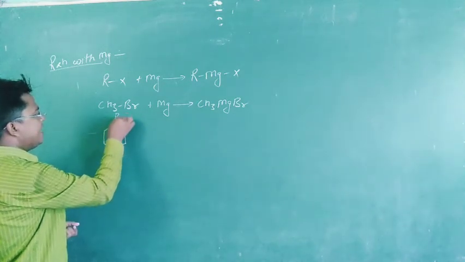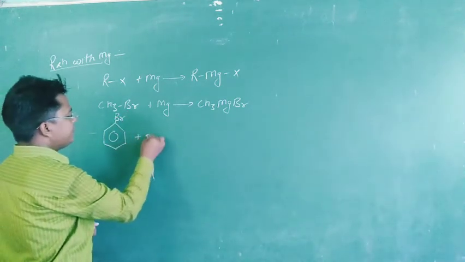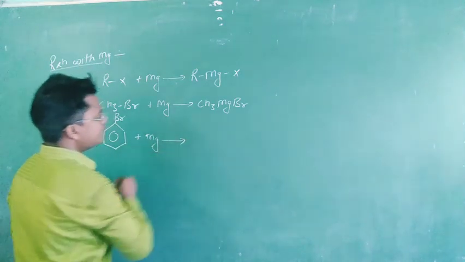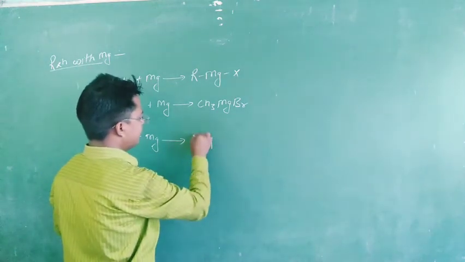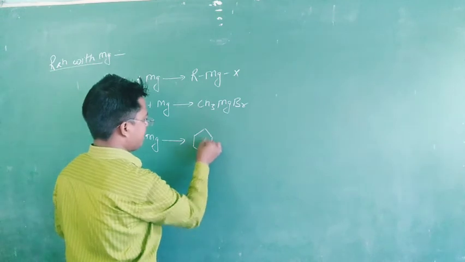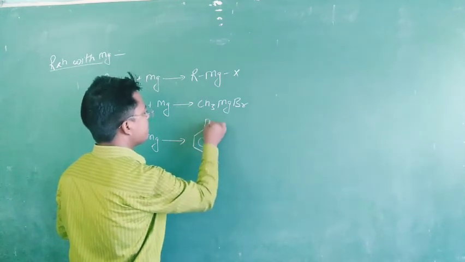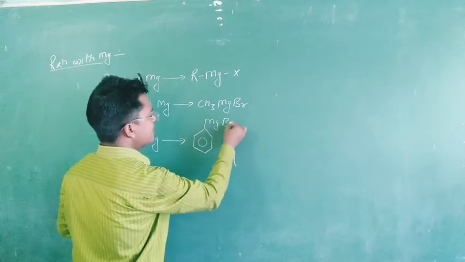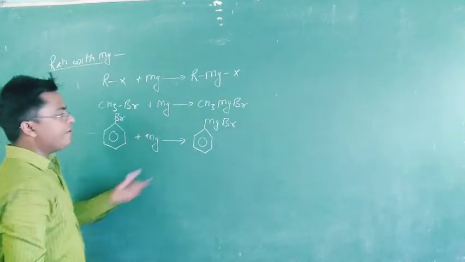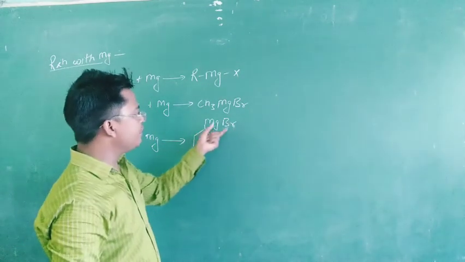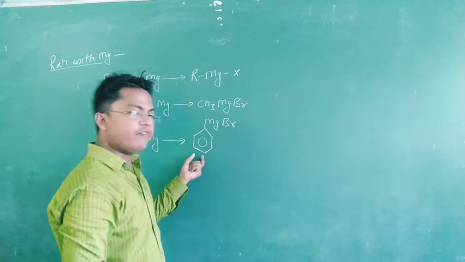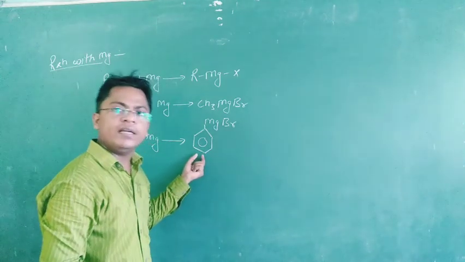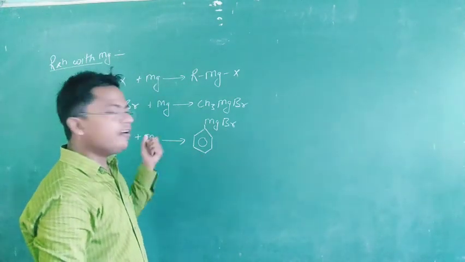This is aryl halide reacting with magnesium. There will be C6H5MgBr, phenyl magnesium bromide. It also belongs to the Grignard family.